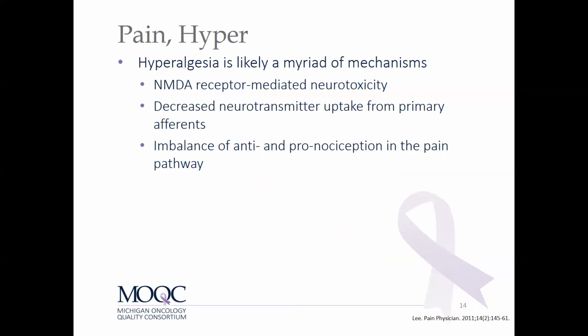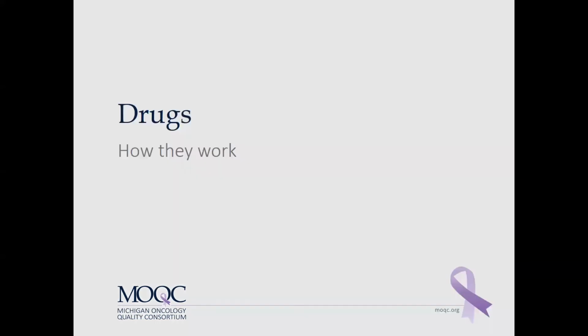NMDA receptor-mediated neurotoxicity is likely involved here, as well as decreased neurotransmitter uptake from those primary afferents. And we think there's a significant imbalance of pro-nociceptive cytokines in that pain pathway because things have been upregulated and the body is not sure how to handle it.